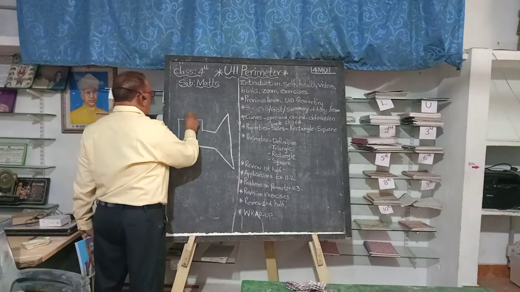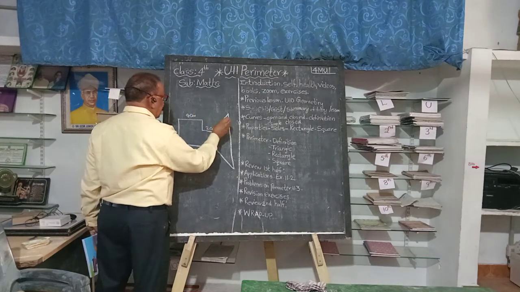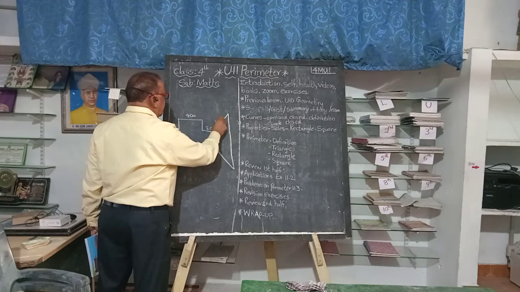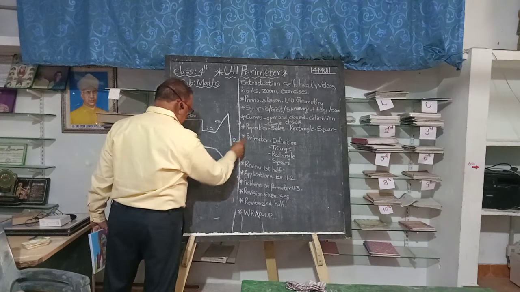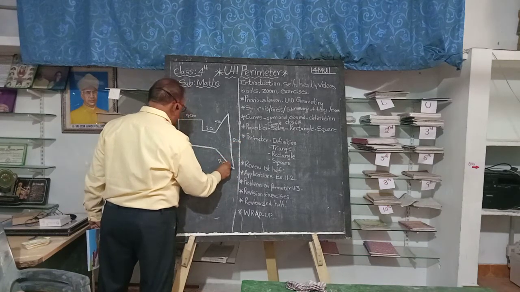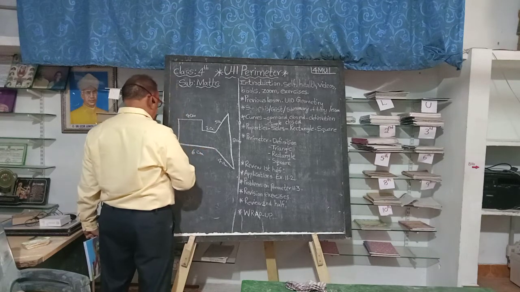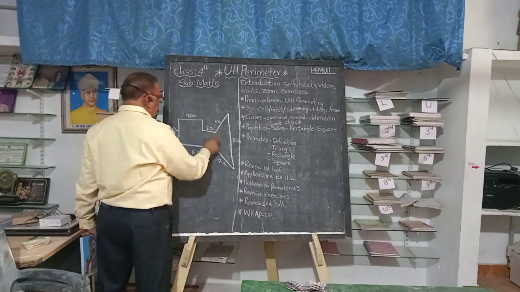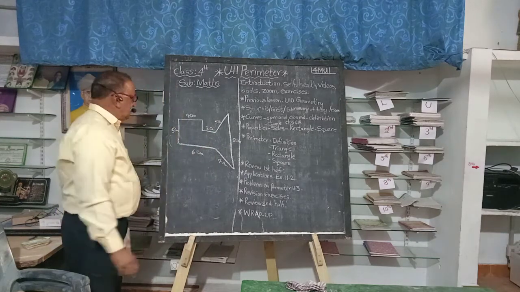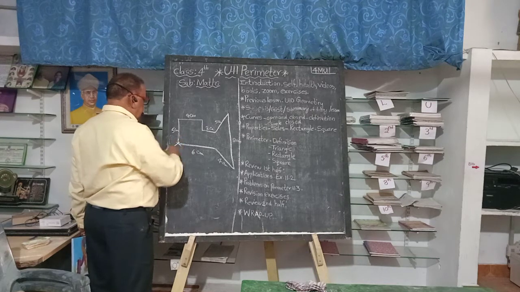Suppose this is 4 centimeters, this is 2 centimeters, this is 5 centimeters, this is 8 centimeters, this is 4 centimeters, this is 6 centimeters, and this is 5 centimeters. In this figure, to find the perimeter, you start at one point. I start here.